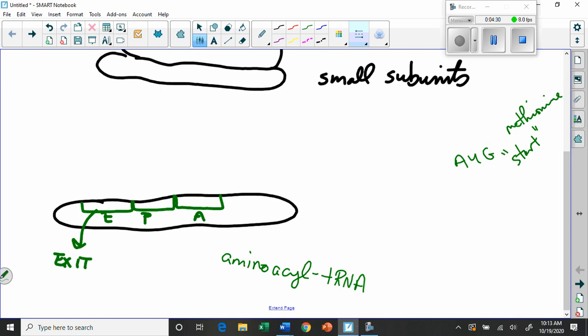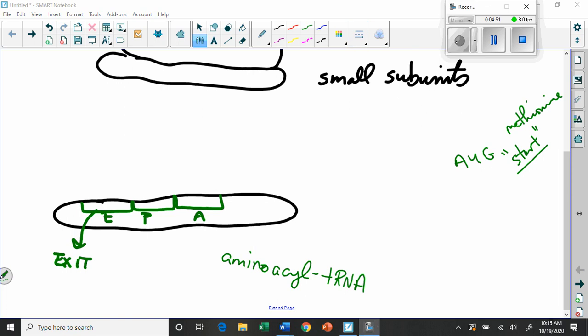It's the amino acid transfer RNA complex that stands for start. Okay, so here's what happens first. AUG, methionine, stands for start.